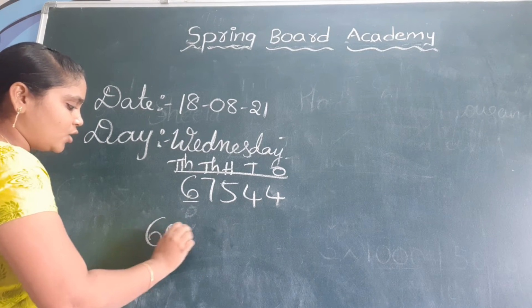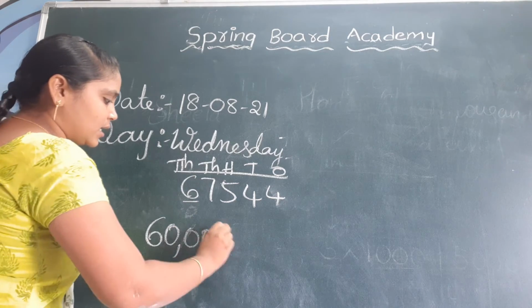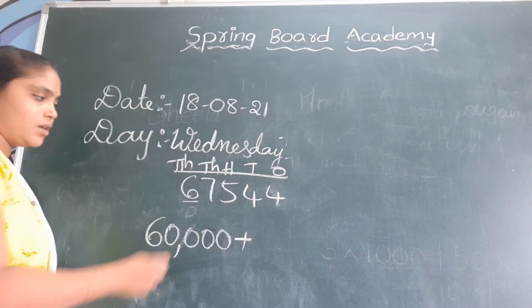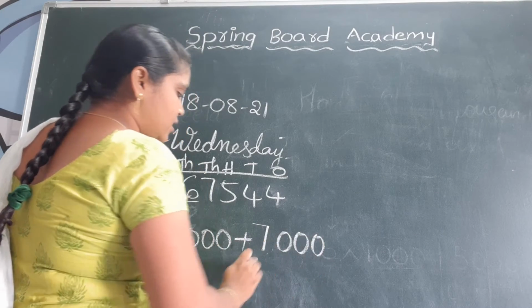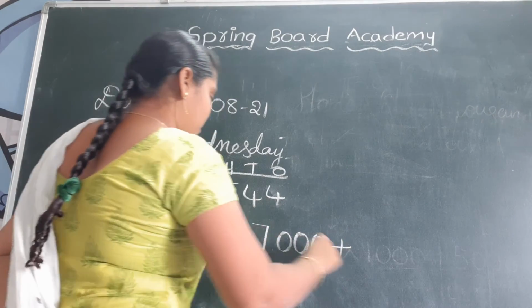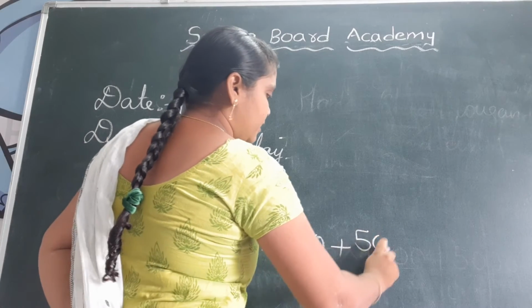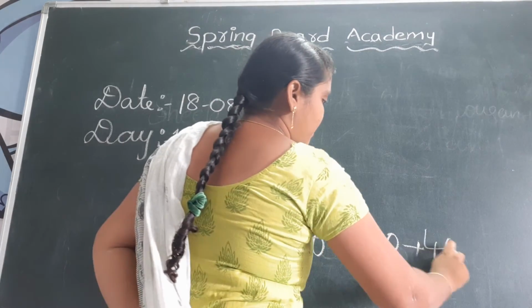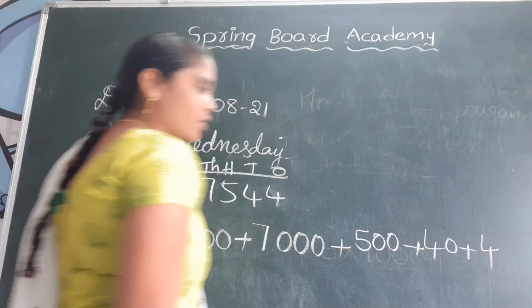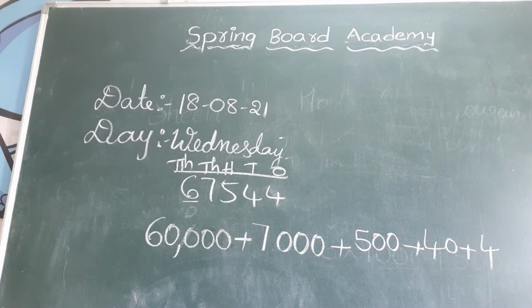What is the place value of 6? 6 is in the 10,000s place. It's 60,000. Place value of 7: 7 is in the thousands place. It's 7,000. And 5 is in the hundreds place. It's 500. And this 4 is in the tens place. 40 and 4. So this is the expanded form, children.